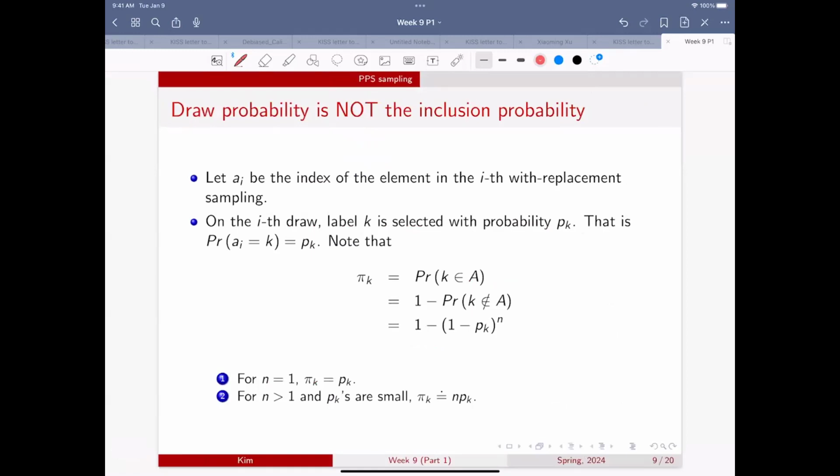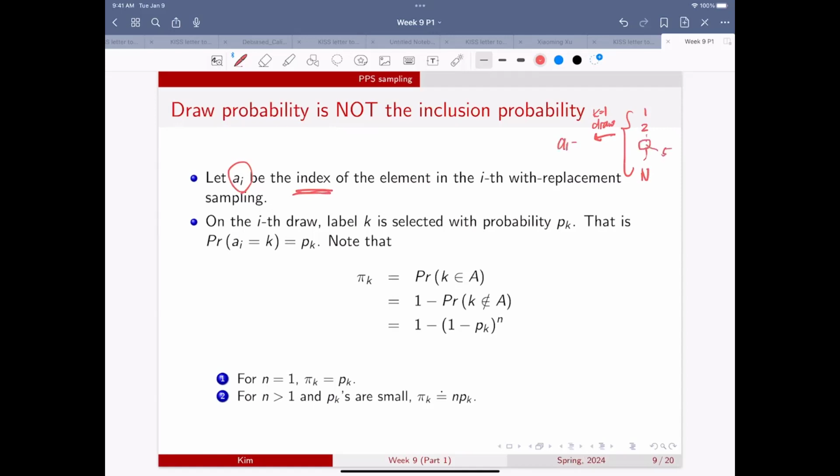In general, the draw probability is not the inclusion probability. So I'm going to introduce another notation, A_i, the index of the element. We have 1, 2, up to capital N, and we select one at the first draw. Suppose we obtain one element which is, say, 5.